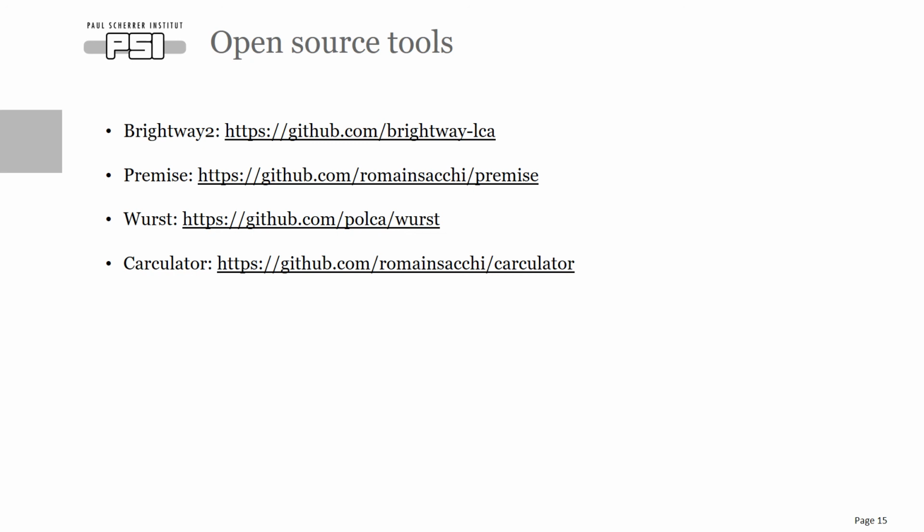And also we mentioned LCAs of passenger cars, and carculator was the tool used to produce these numbers. We believe in transparency, and we believe this is also a very effective way of making our code and algorithms more safe and accurate by having many people scrutinize them and suggest improvements.